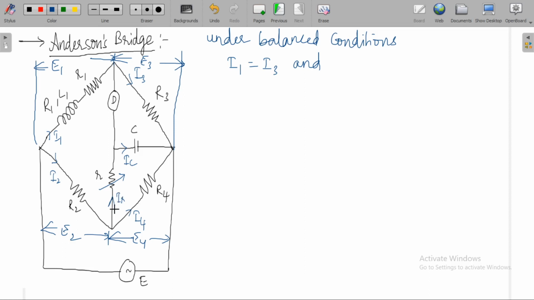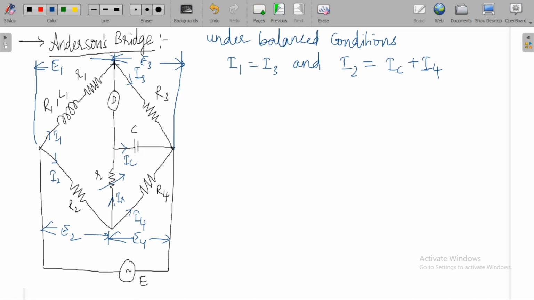Under balanced conditions, IR is equal to IC.